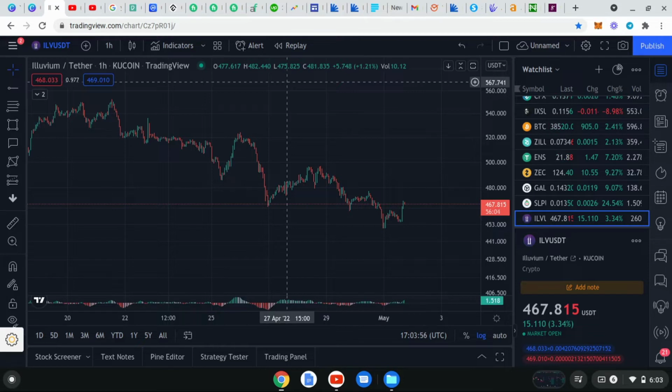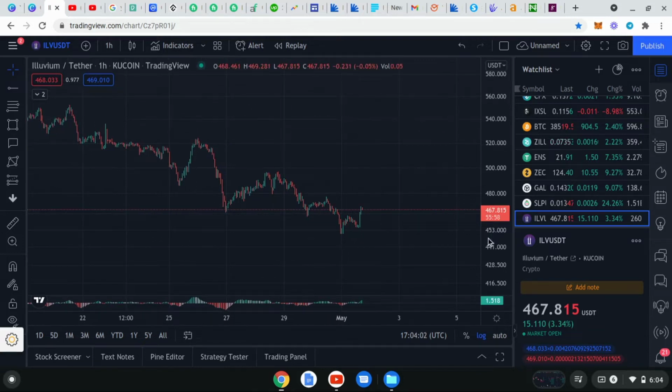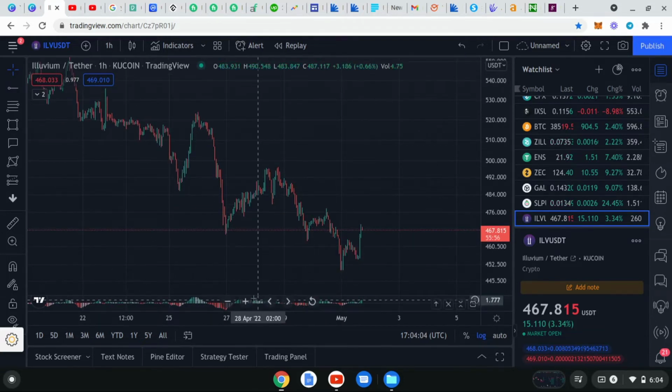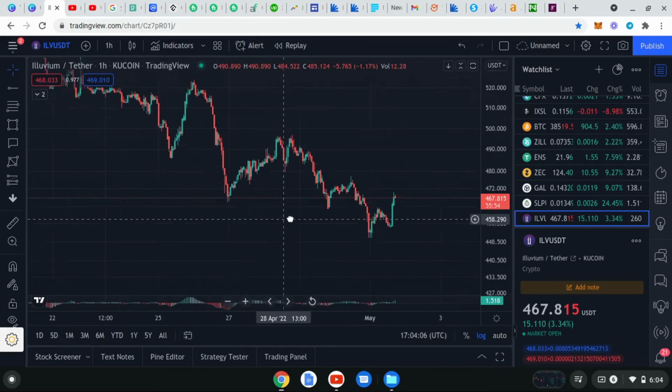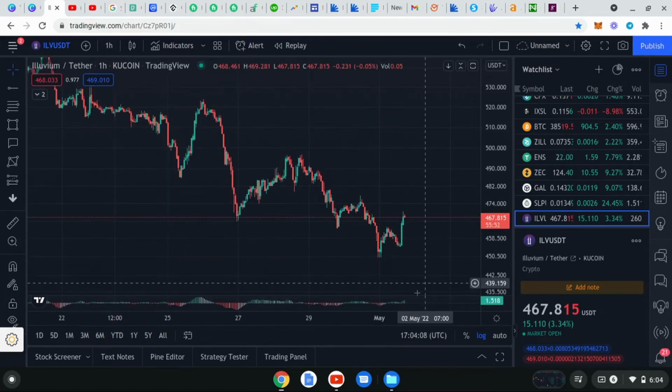So today we are going to be doing analysis on ILV, Illuvium USDT. We are on the 4-hour time frame as usual. We are starting from our higher time frame so that we can know the general bias of the market.